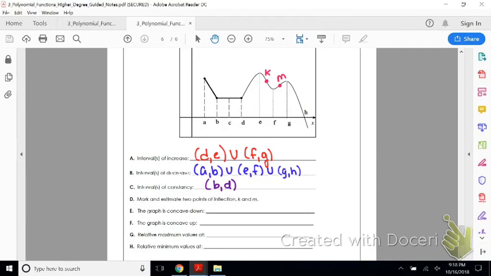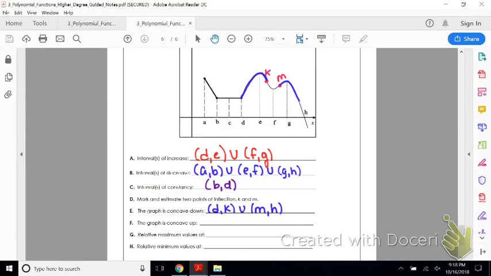It asks where is the graph concave down? Let me change colors there. I'm going to leave those points there because it wanted me to. I can see that it's concave down right here, so from D to K. And it's concave down from M to H. Then find where it's concave up.